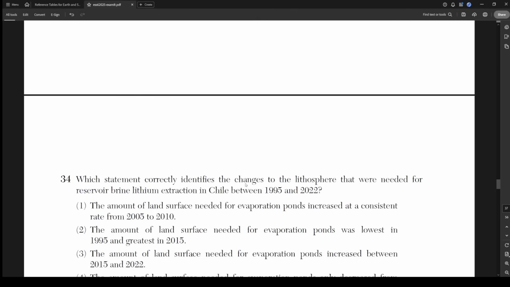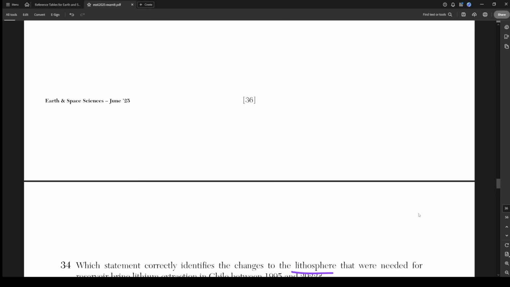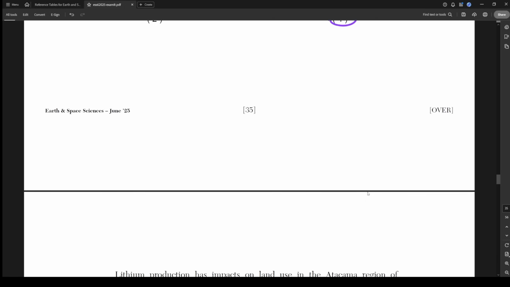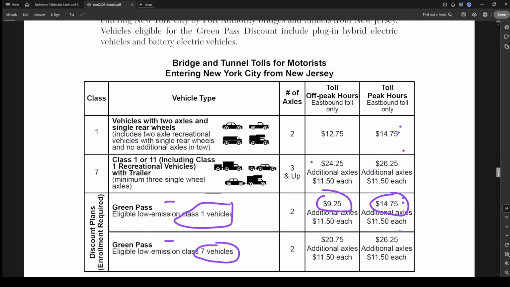Which statement correctly identifies the changes to the lithosphere that were needed for the brine lithium extraction between 1995 and 2022? The amount of land needed increased. The amount of land surface needed for evaporation ponds was lowest in 1995. Does it show a chart for that I missed about land usage?